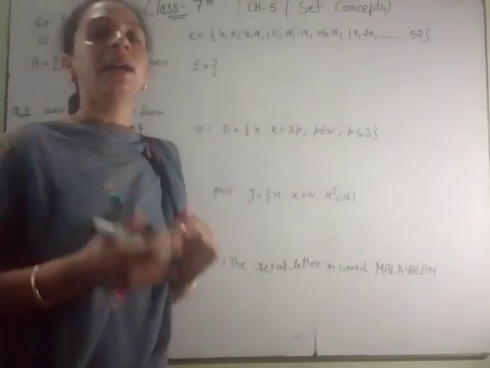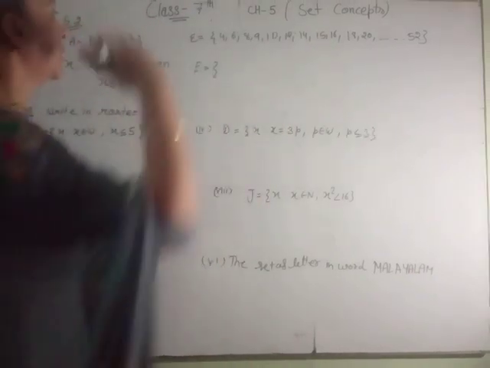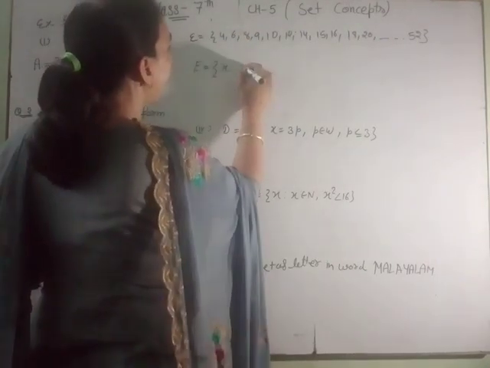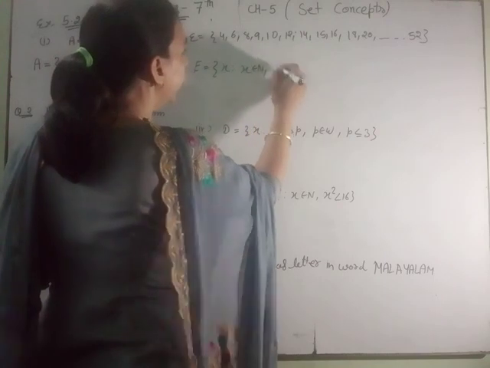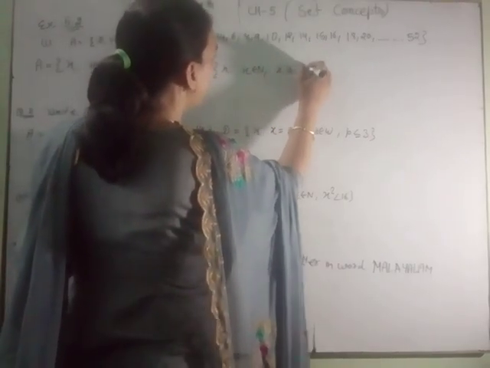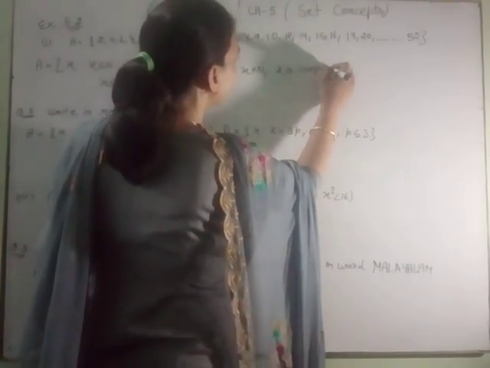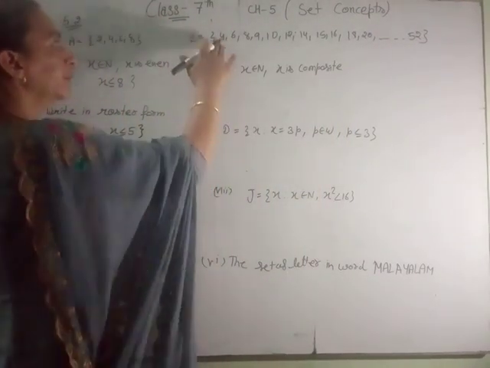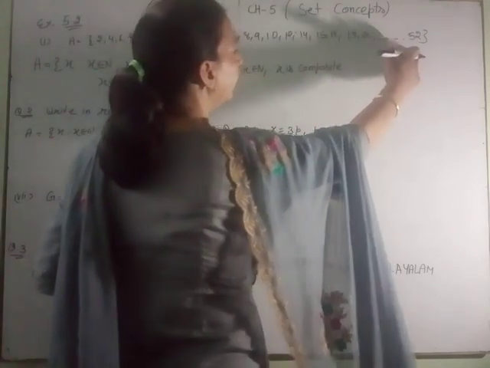So these numbers are composite numbers. So we write x such that x belongs to natural numbers and x is a composite number, starting from 4 and less than 52.